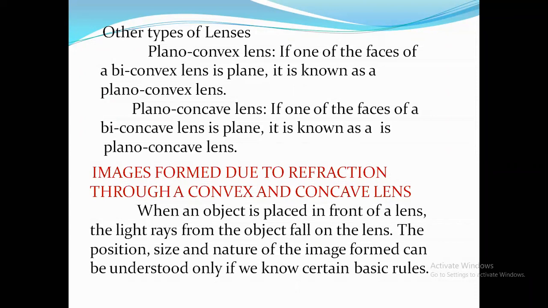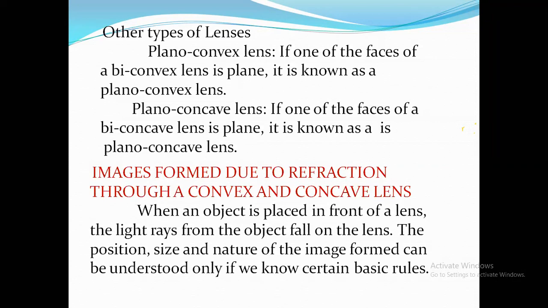Next, plano-concave lens means one of the faces is plane and the other one is inwards, a refracting surface. That is the plano-concave lens. These are the types of lenses. Is it clear? Okay, now we are going to image formation.